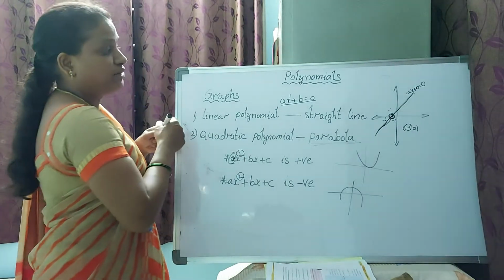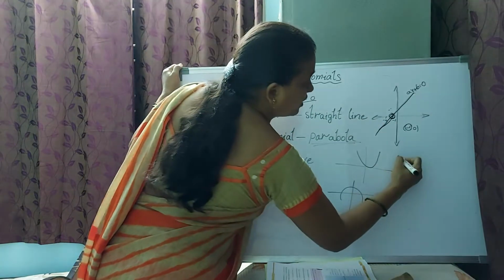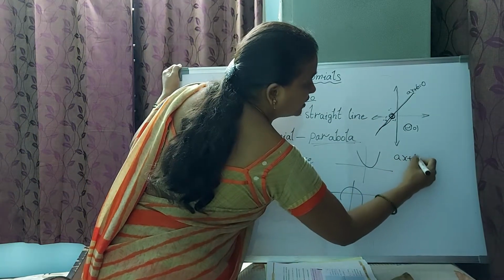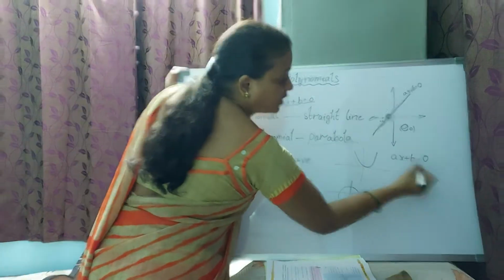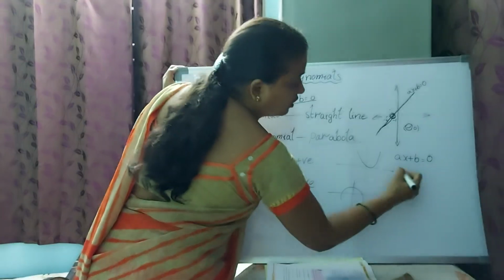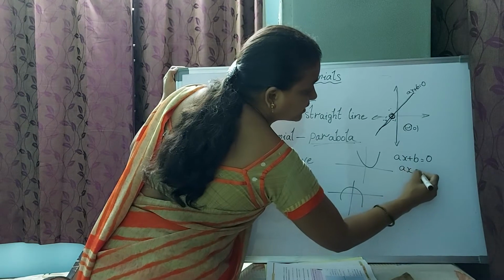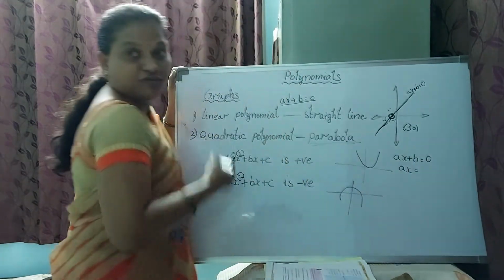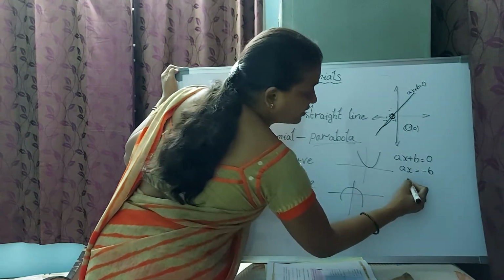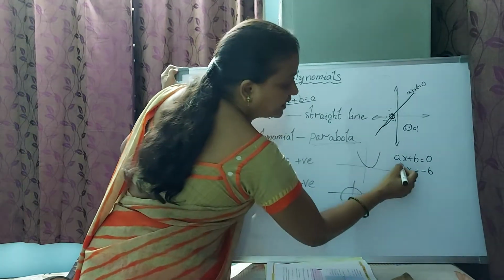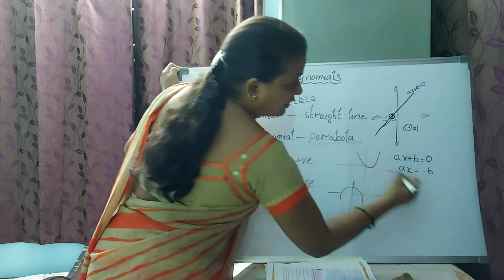Zero of the polynomial means, for example, ax plus b is equal to 0. If p of x is equal to 0, then ax is equal to minus b. If you transpose it to the right hand side, then a also goes to the right hand side.